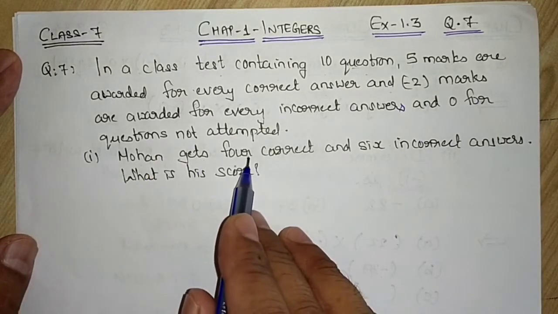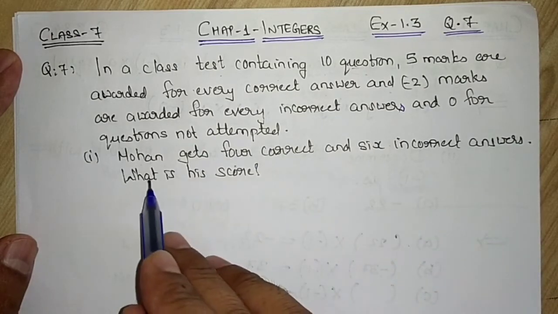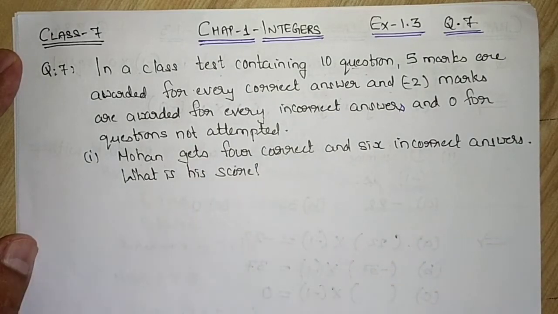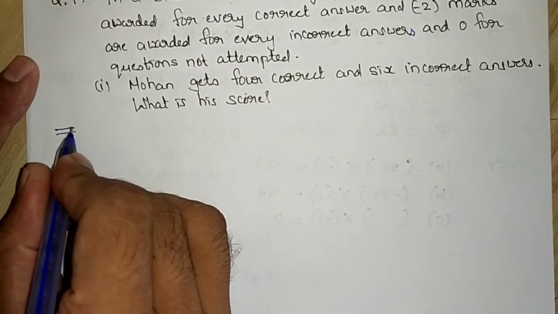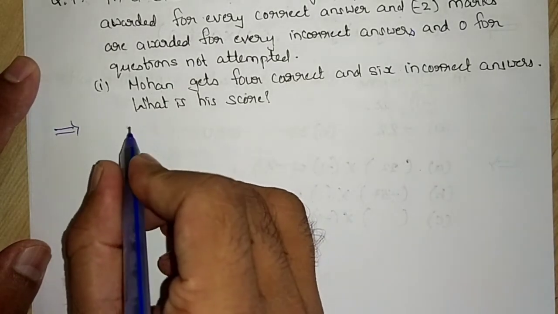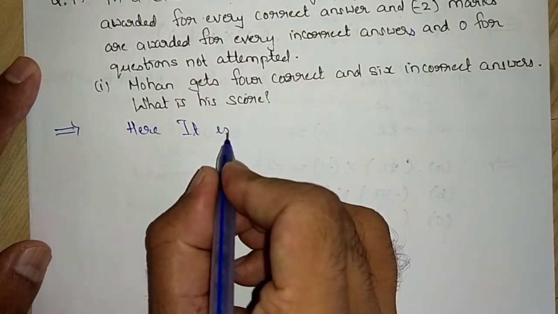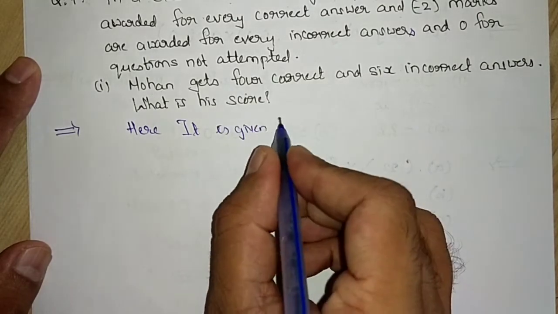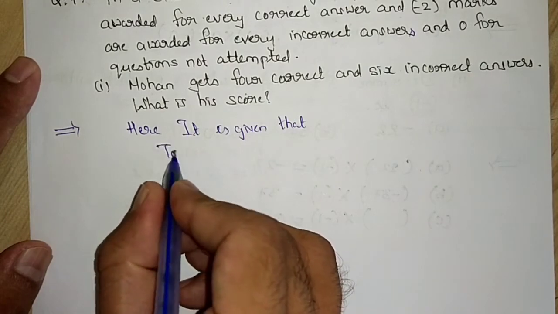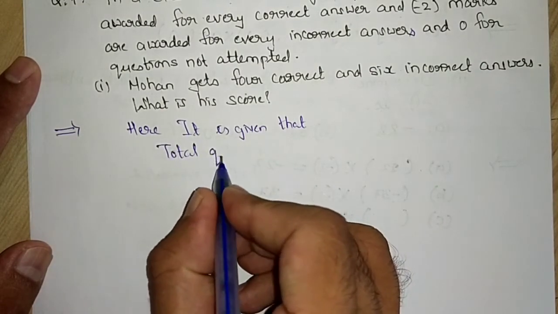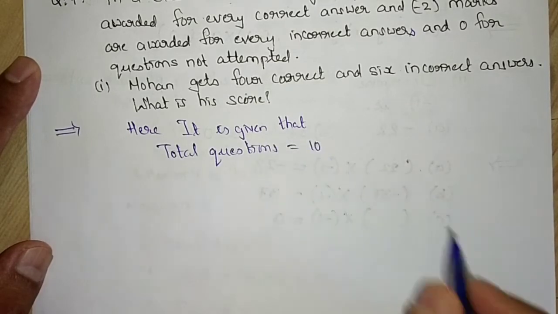First part. Mohan gets 4 correct answers and 6 incorrect answers. What is his score? First we will write what is given. It is given that total questions is equal to 10.